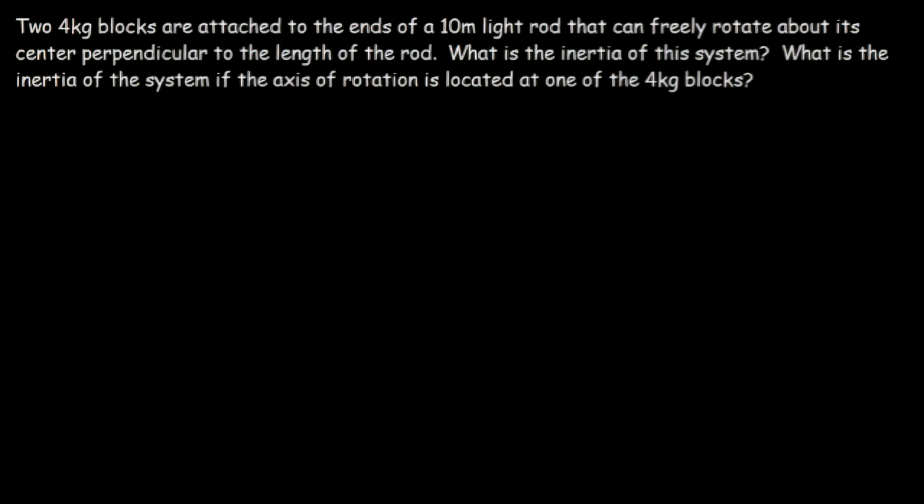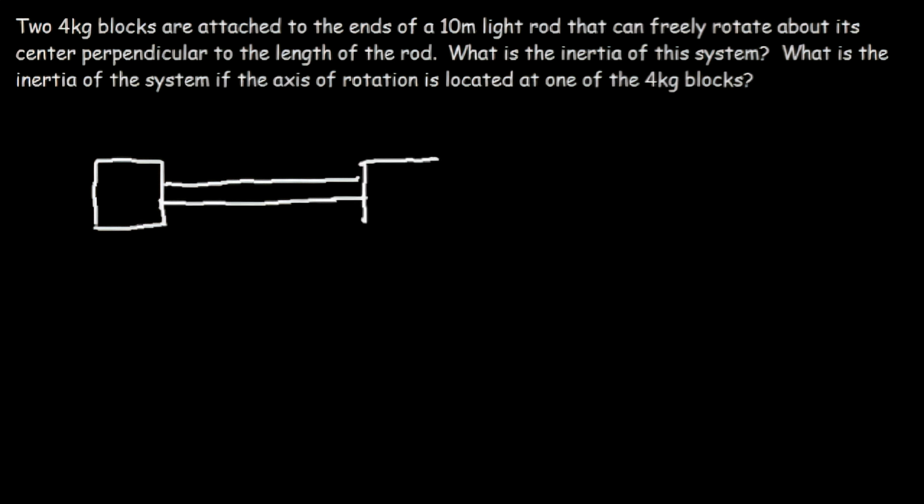Now let's work on some problems associated with calculating the inertia of a system. So in this particular problem, we have 2 blocks attached to a light rod. You could say a massless rod, but everything has mass, so we're not going to worry about the mass of the rod in this particular problem.